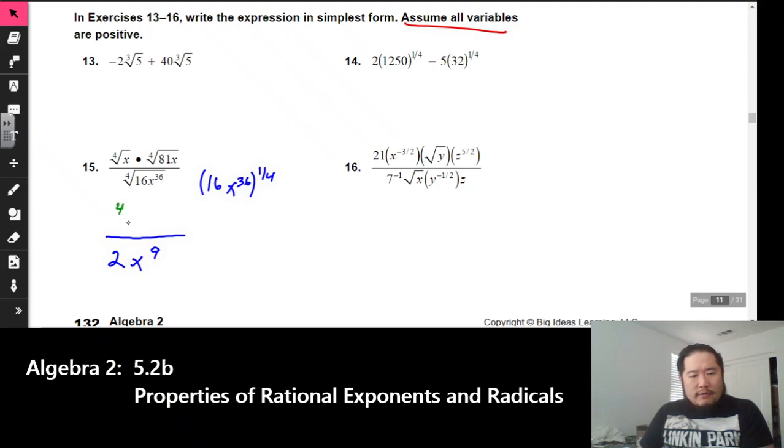And I've got right here the 4th root of 81 x squared. And so from here, let's see what we could simplify. All right, there's got to be more.